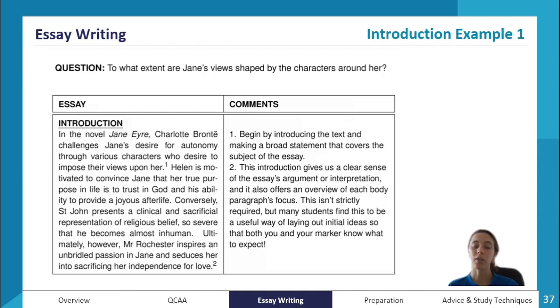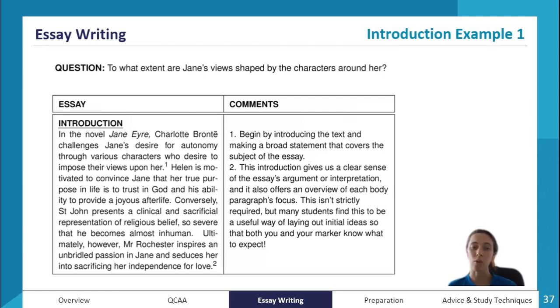So even with this first sentence, from the very outset, you still need to be relating to what the prompt is about. You're covering the subject of the essay, not anything unrelated or generic. Okay, so this introduction is giving a clear sense of the essay's argument or interpretation, and it's offering an overview of the body paragraphs' focus.